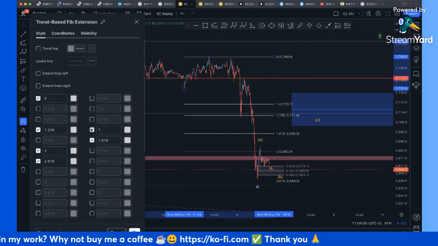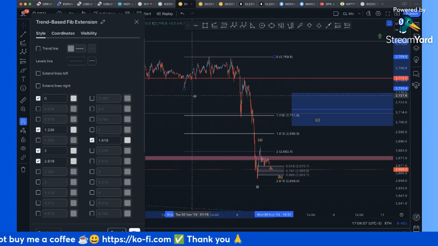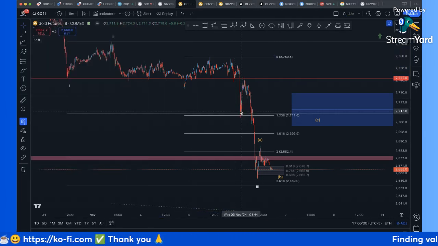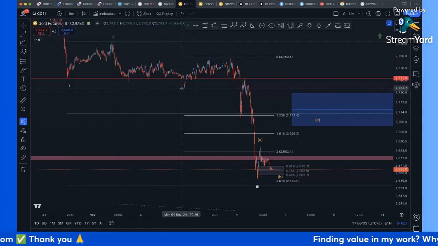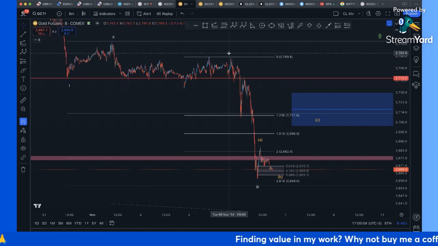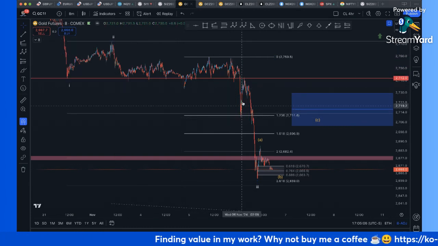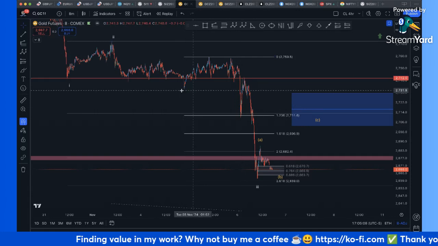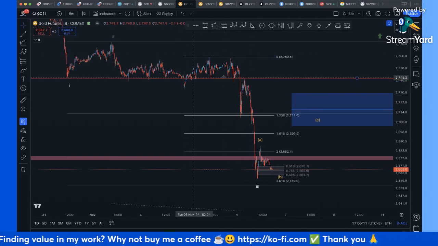So, could that be? Nah, I don't think that's it. Because if this is wave 1, and this is wave 2, and this is wave 3, this came up and got into the price territory of wave 1. So at best case, this is a diagonal.